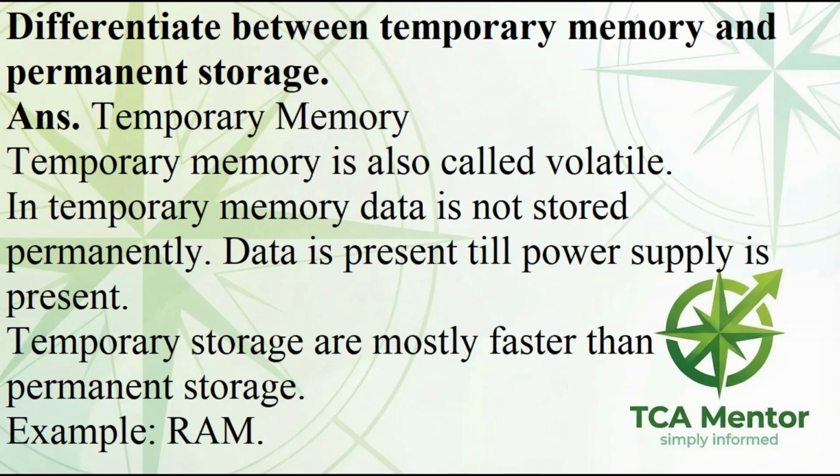Differentiate between temporary memory and permanent storage. ANS. Temporary memory. Temporary memory is also called volatile. In temporary memory, data is not stored permanently. Data is present till power supply is present. Temporary storage are mostly faster than permanent storage. Example, RAM is an example of temporary storage.